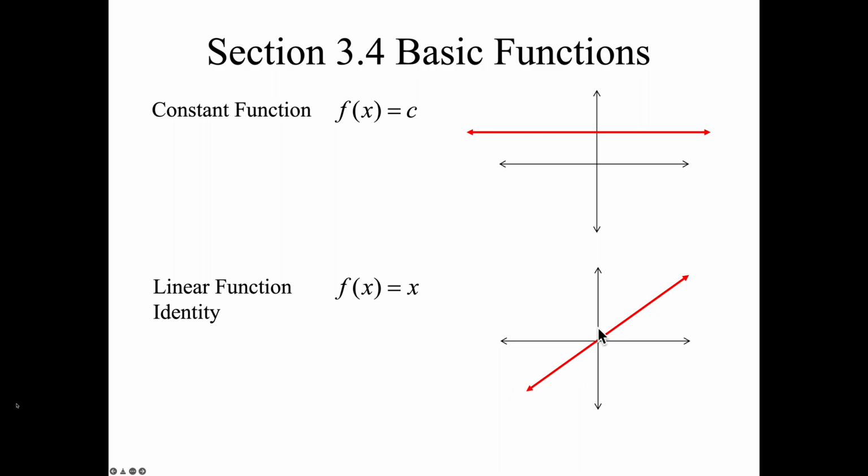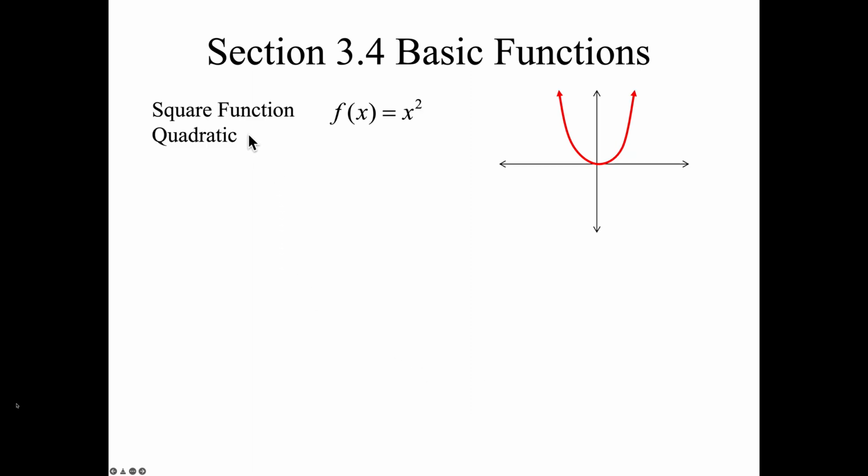The reason it's called the identity function is because your x value is the same as your y value. They're identical, therefore identity function. Now you could have negative x, which would be a downhill slope, but anything with x to the first power in the equation, and that's all you have for an x, is going to be some slanted line.